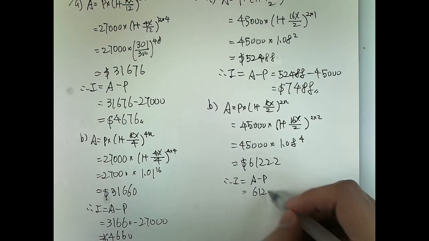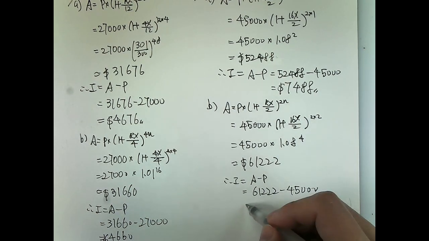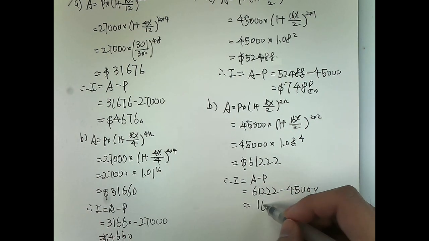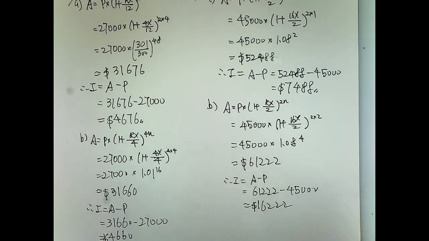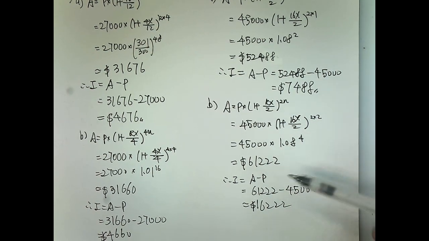So minus P, this would be 16222. So how much more interest? You have to do the subtraction, right? This minus this.